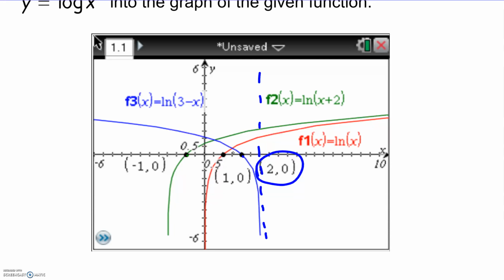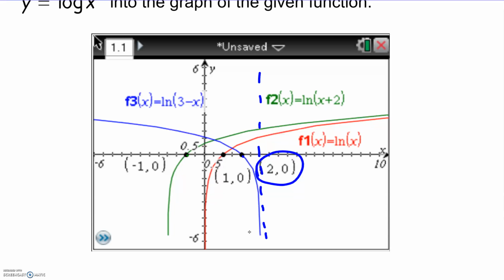Now if I asked you to analyze this graph like we analyzed the basic log graph, a few things would be different. First of all, you notice that it's decreasing. The domain on this one now is negative infinity to 3. It's still continuous, still unbounded, and still doesn't have any extrema.